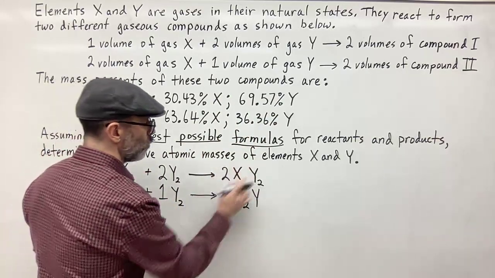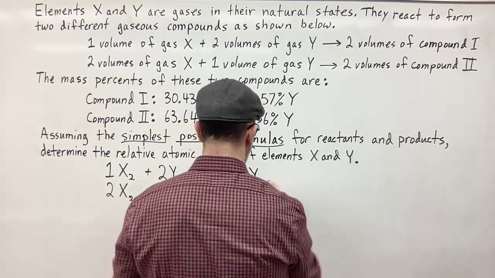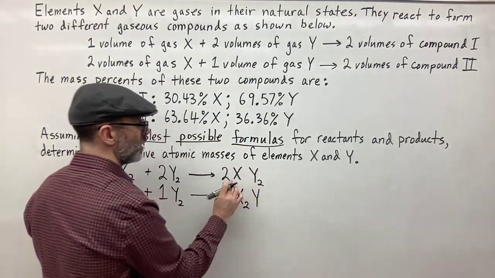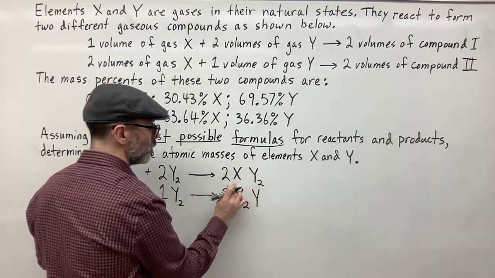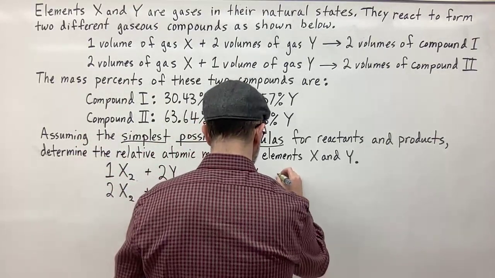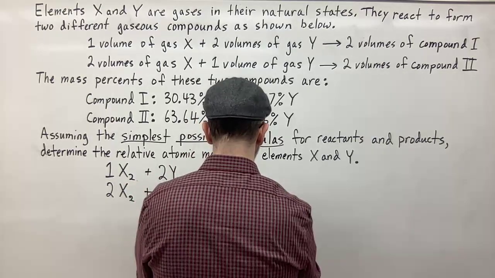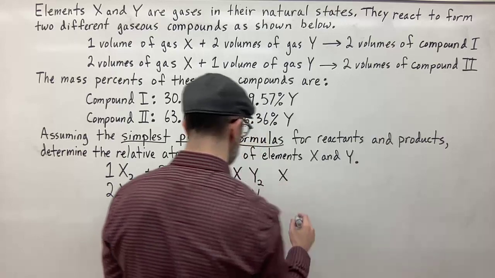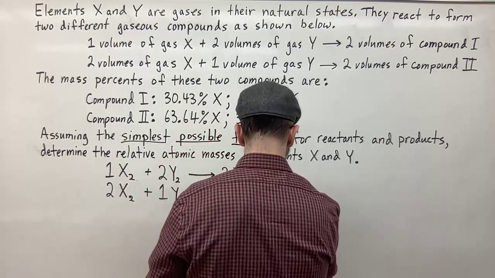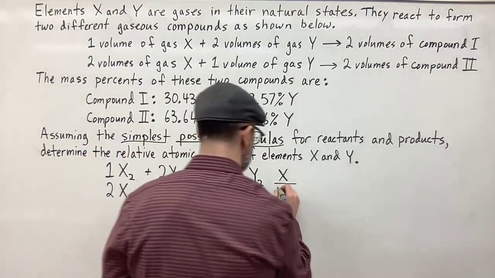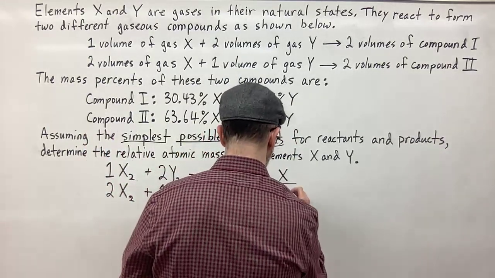I have X and Y, so let's get X over Y. The percent mass of the compound is going to be the total X over the total Y. So that's going to be X over Y. Now here I have two Y's, so this is going to be 2 Y's.